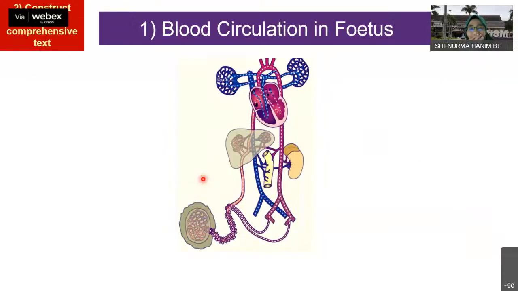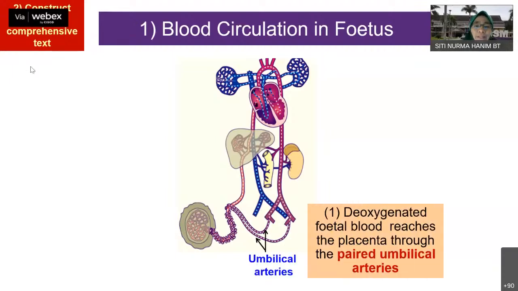Okay, let me give you an example, a real example here. Today we are going to learn about the blood circulation, how the blood flows in babies inside the mother's womb, right? So what happens firstly is that you can see this is the 2 umbilical arteries.